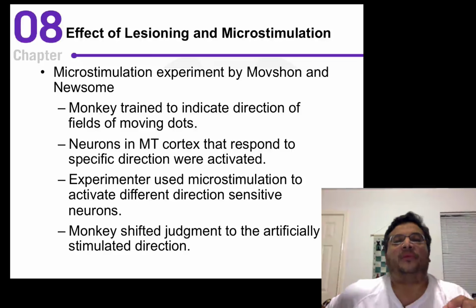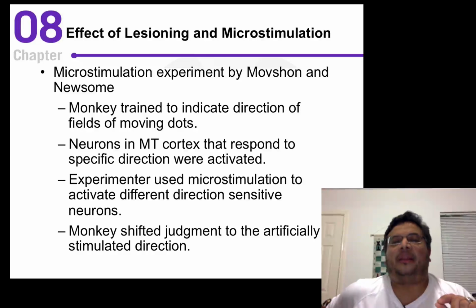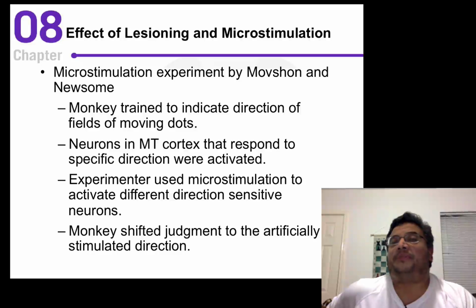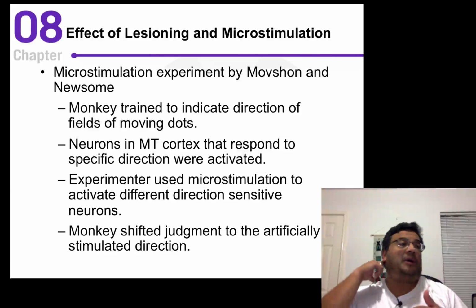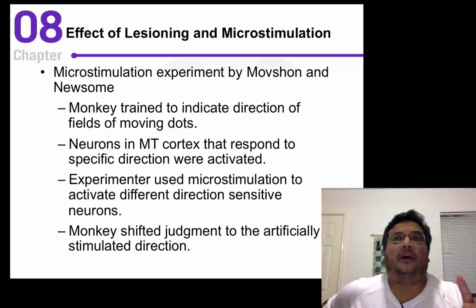So what they did was, while the monkeys were judging the direction of the way the dots were flowing, they stimulated the specific neurons that were activated by only a specific direction. And what happened there was the monkey's perception changed. The monkey would then say the dots are going in the direction that is linked to the stimulated area of the brain.